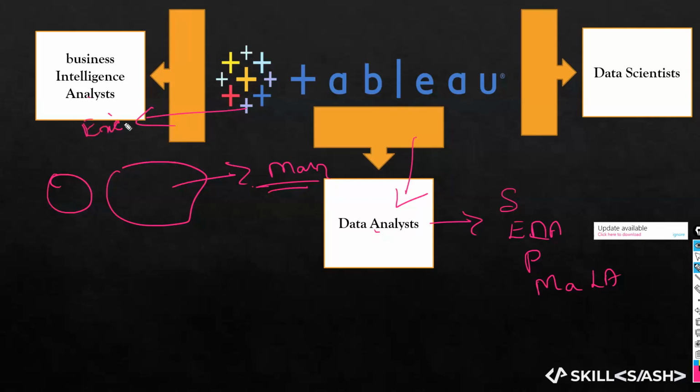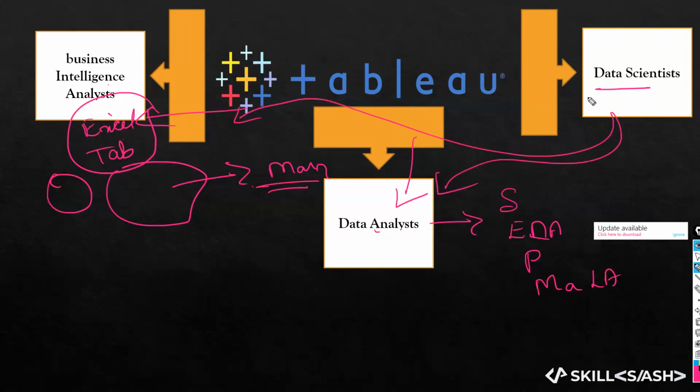They should know Excel, Tableau, only reporting, which is what business intelligence analysts work on. Okay, a data scientist should be a BI analyst. He should also be a data analyst, meaning he should have all the skills: Python, SQL, statistics, machine learning, then data analysis, and also Tableau, everything. To be a data scientist, you should know all the skills I have mentioned right now.